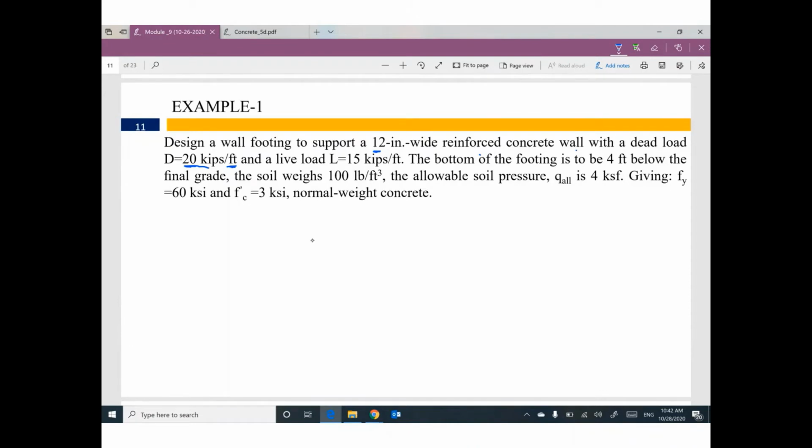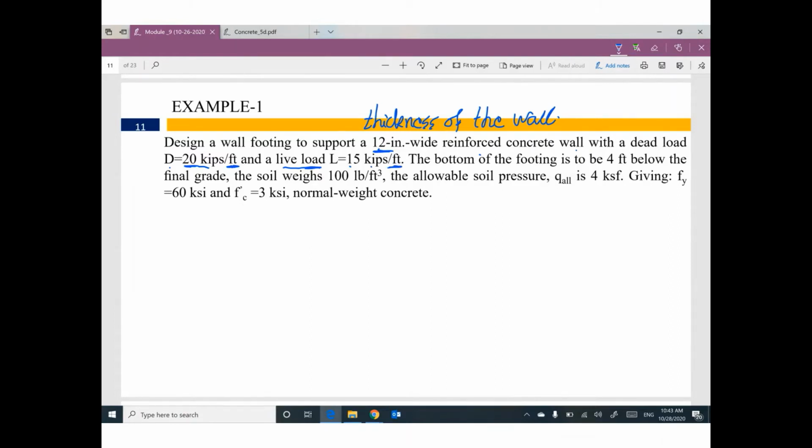It gave you the thickness of the wall, but did not give you the length. Also, dead load equal to 20 kips per foot for this wall, and the live load equal to 15 kips per foot from this wall.